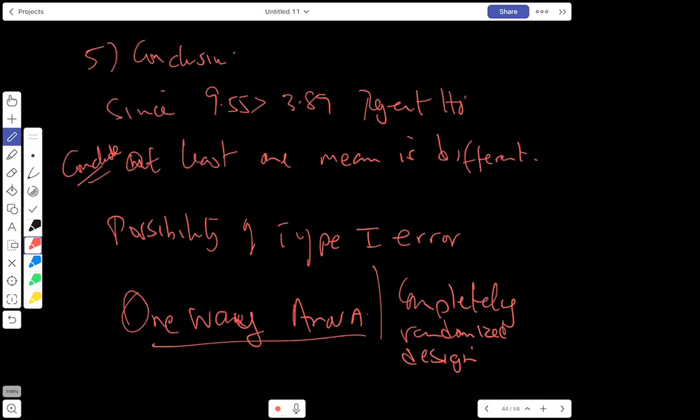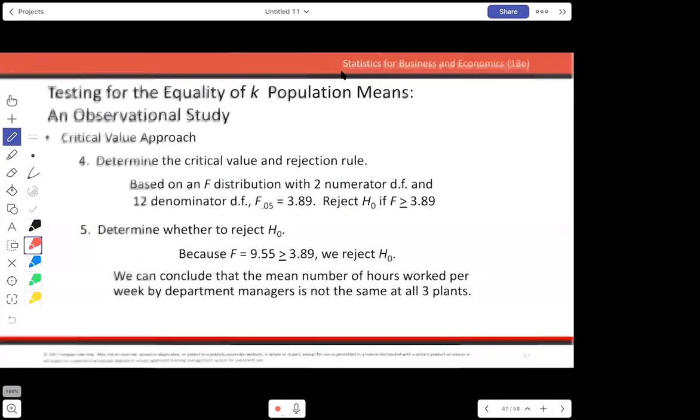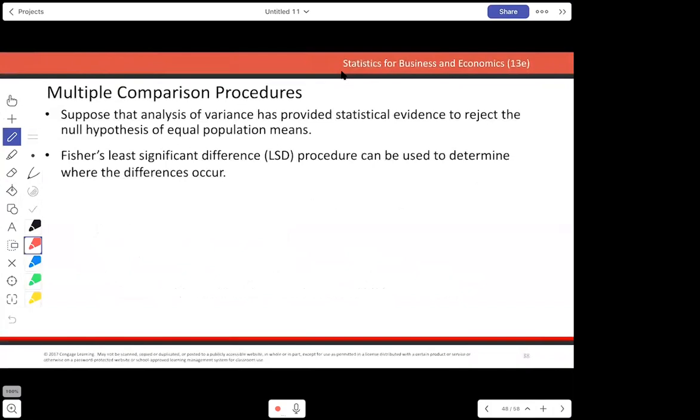Now there is a technique for you to do the assignment. There's a question that you'll be asked: which one is the one that differs? And there is a Fisher LSD procedure that we have to kind of just expose ourselves to.